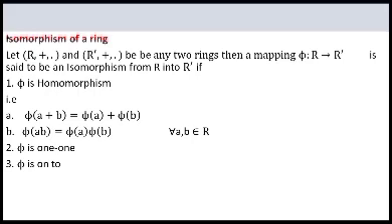Isomorphism of a ring. Let R with operations plus and dot as well as R dash with plus and dot be any two rings.